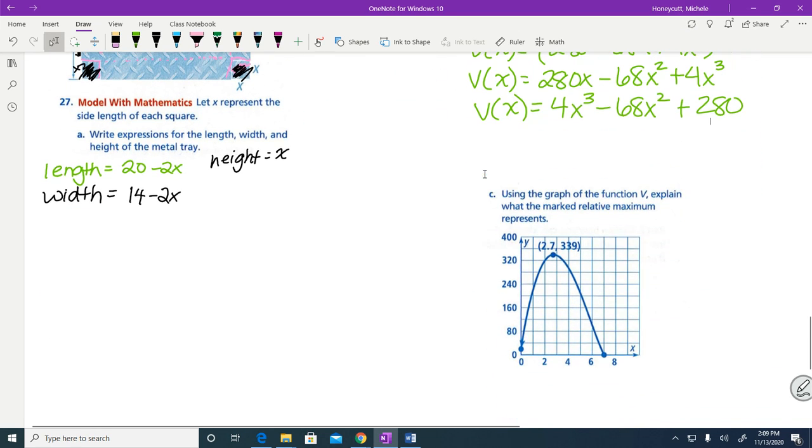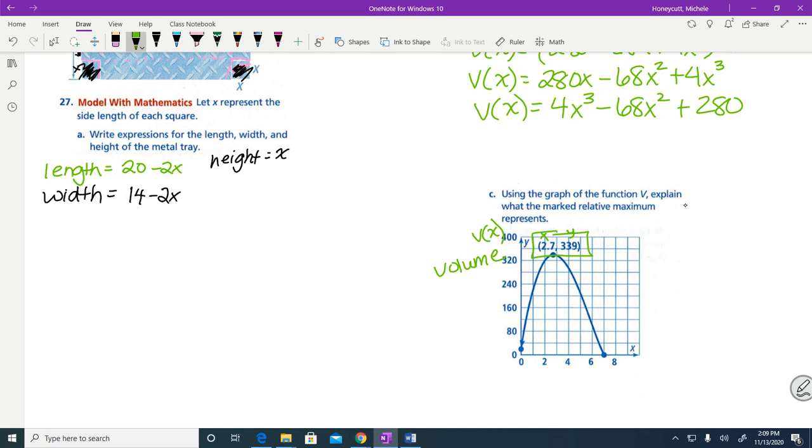Then in part C, they've graphed the function, so we have to explain what's marked by the relative maximum. So they've marked the relative maximum, and the x value is 2.9, and the y value is 3.99. So remember, this is an equation for V of x. So the vertical axis is V of x. V of x stands for the volume.